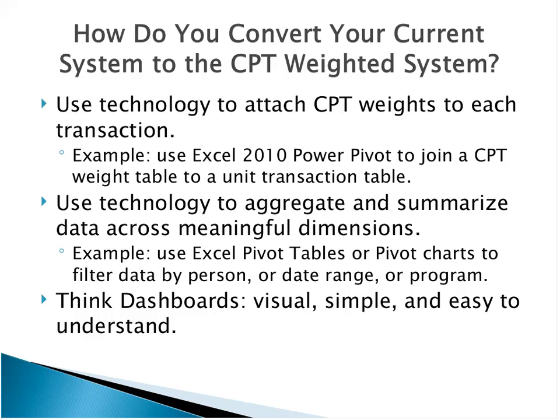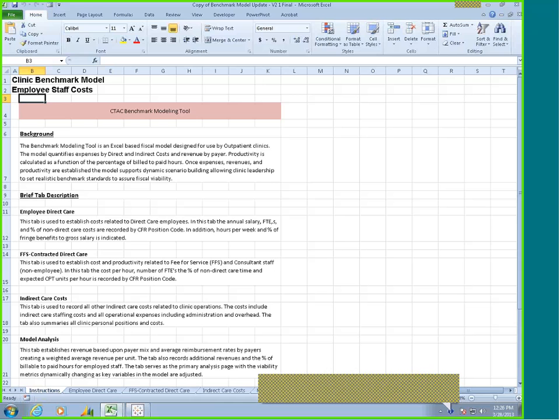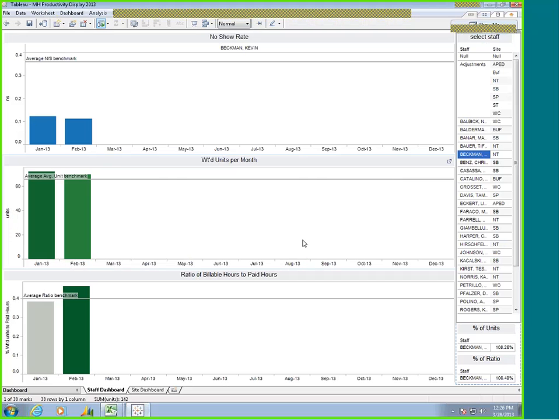So I'm going to switch over to show you real quick an example of something that we use. I use a tool called Tableau, and I take the data and join it in the way that I discussed, and we put together a quick and dirty productivity tool that is available for each individual.